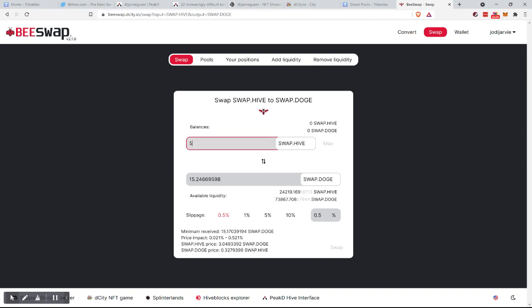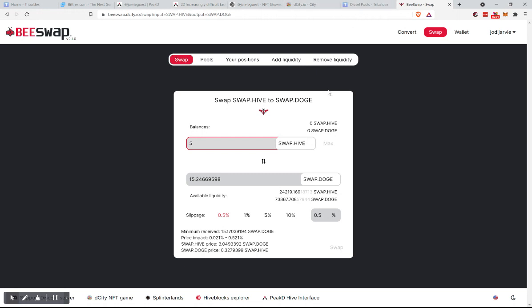They tell you the price impact is going to be 0.021, so not even 1% of price impact. And then you have slippage on, so the price impact is the more important thing than slippage. In any case, if you're confused about what slippage means in liquidity pools, that's not the video we're doing. We're doing a fast test round, right?